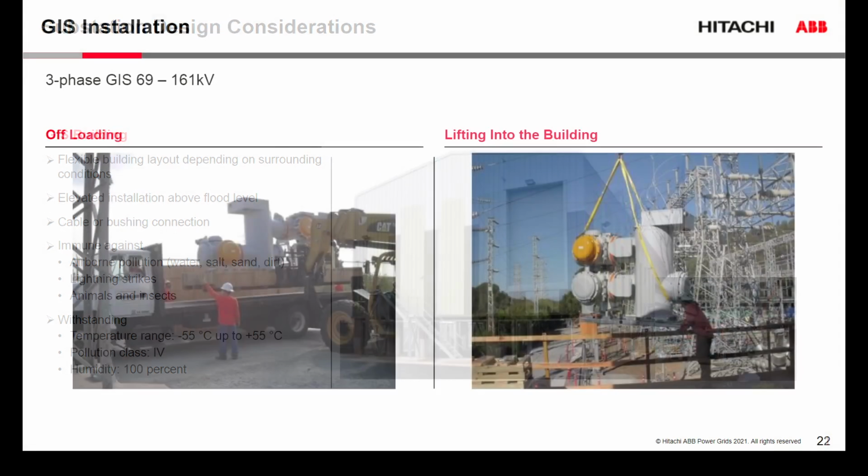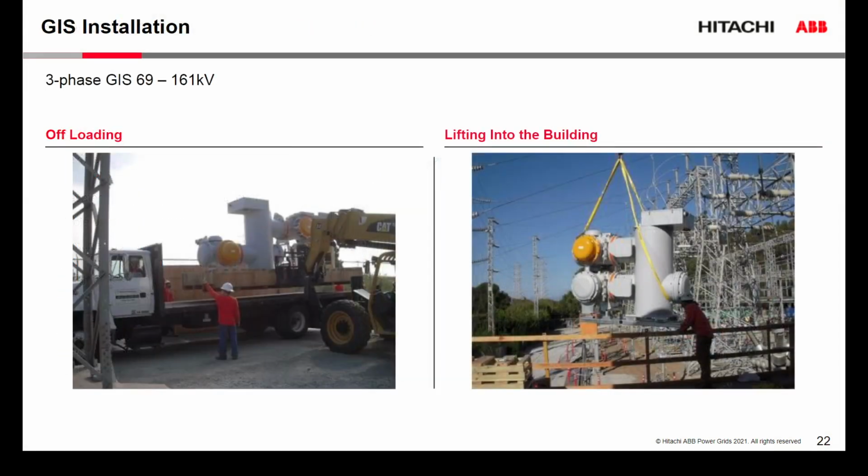How would you install the equipment inside of the building? That is something to be considered during the project design stage. Typically, the equipment would come in crates to the site, and it can be surprising how many crates are coming. In this case, for example, I believe we talk about 30 breakers. It's a rather large amount of crates which you have to store around your building or somewhere in the surrounding. So don't forget that you need to handle those crates.